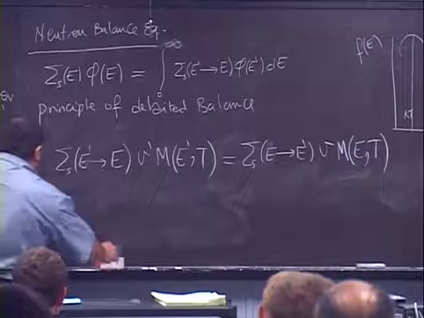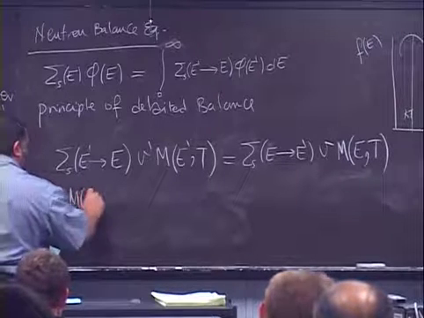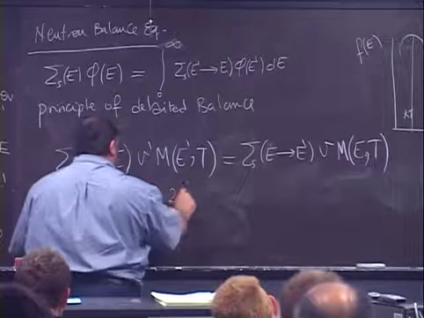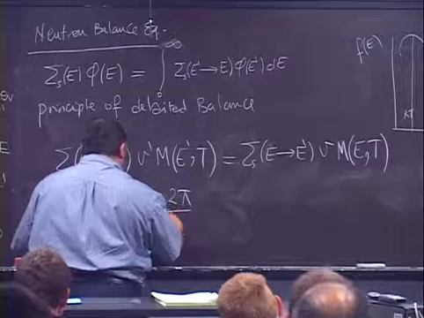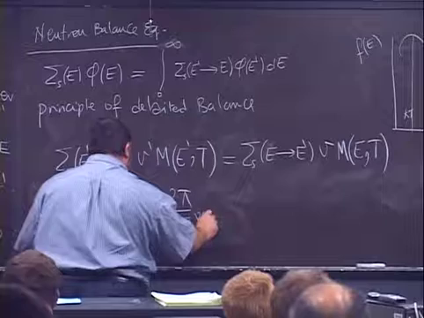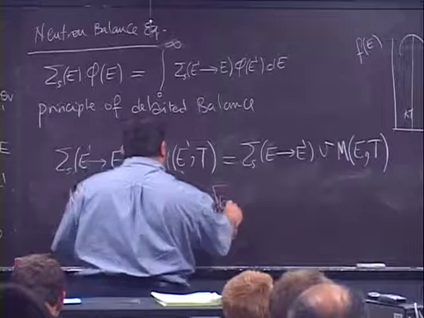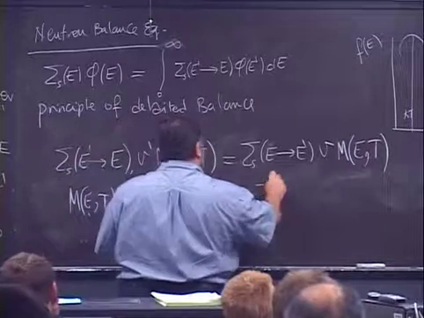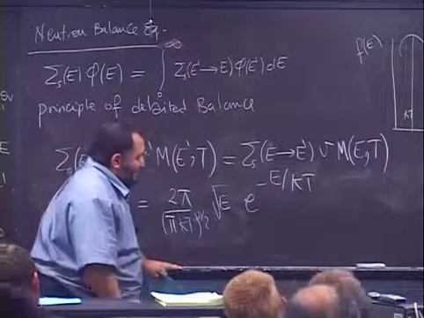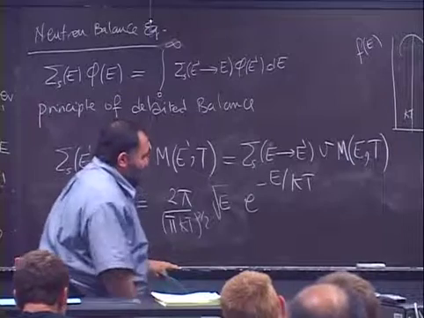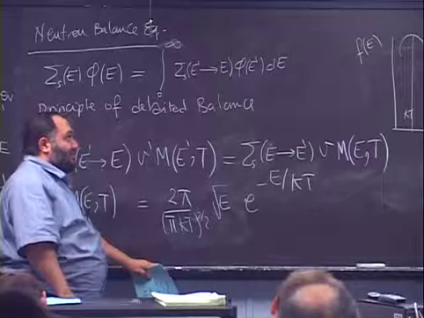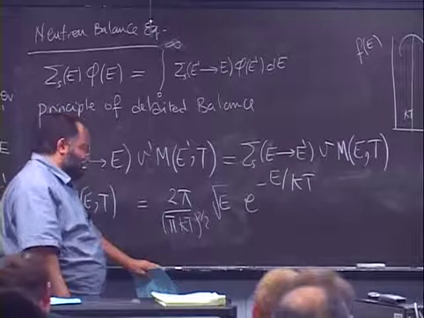So this will give us that M of E and T is a Maxwellian distribution, and it is given by the formula 2 pi over (pi kT) to the power of 3 halves, multiplied by square root of E, multiplied by e to the power of minus E over kT, where k is the Boltzmann constant and T is the temperature, E is the energy of the particle, and again k is the Boltzmann constant, which is 1.38 times 10 to the power of minus 23.